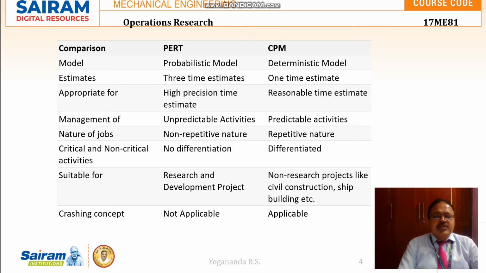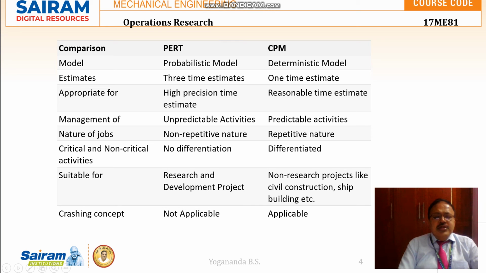Now the differences between PERT and CPM. The model of PERT is probabilistic, whereas CPM is deterministic. PERT will have 3 time estimates, whereas CPM will have 1 time estimate. PERT uses three time estimates: optimistic, pessimistic, and most likely time.